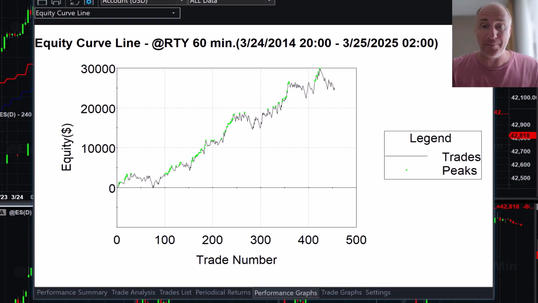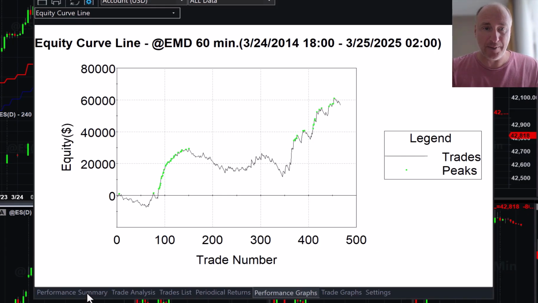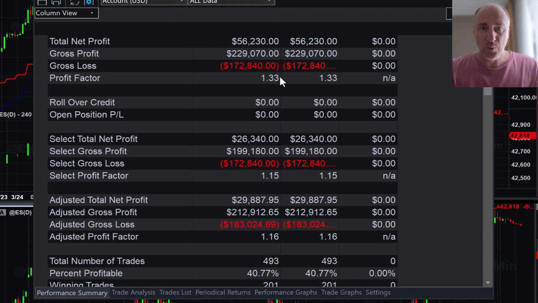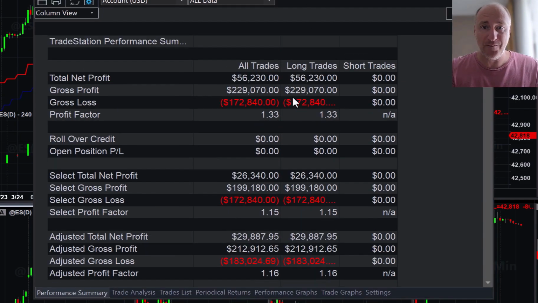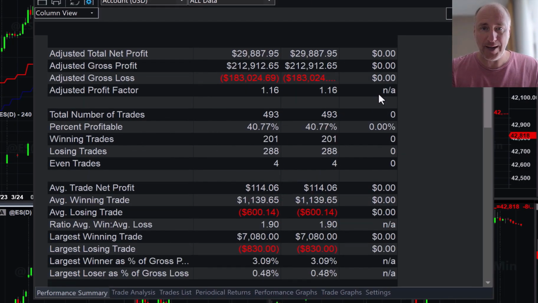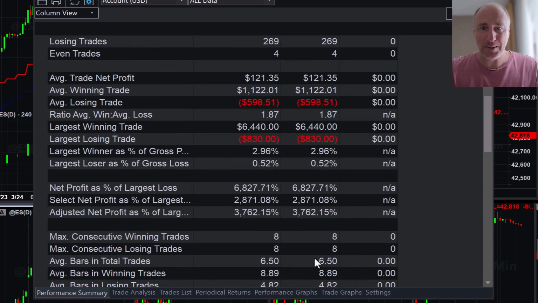Let's move to EMD. So this is the original strategy, and this looks like it's completely the same. So we have 135 profit factor, 133. Okay, so there's a very minor improvement. 133 profit factor, 114 average trade, improved to 118 and 121 average trade.